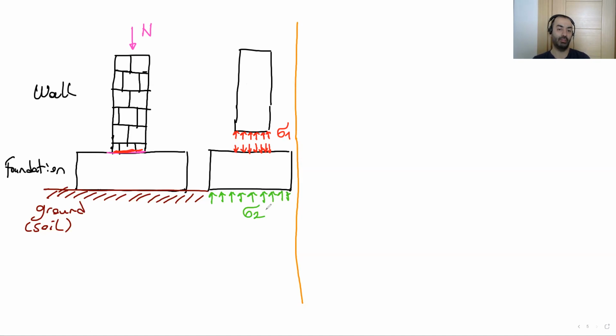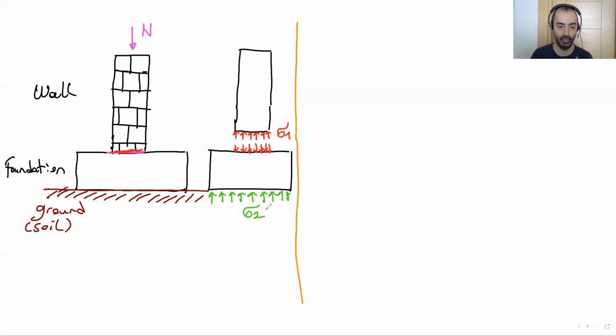So when I compare sigma 1 and sigma 2, because both of these stresses occurred under this axial stress N. Okay, so which one is greater or bigger than the other one? When we compare the areas, sigma 1 here, bigger magnitude than sigma 2. That's okay. We know that. But we can't say, okay, I checked sigma 1, it's okay. I don't need to check sigma 2.